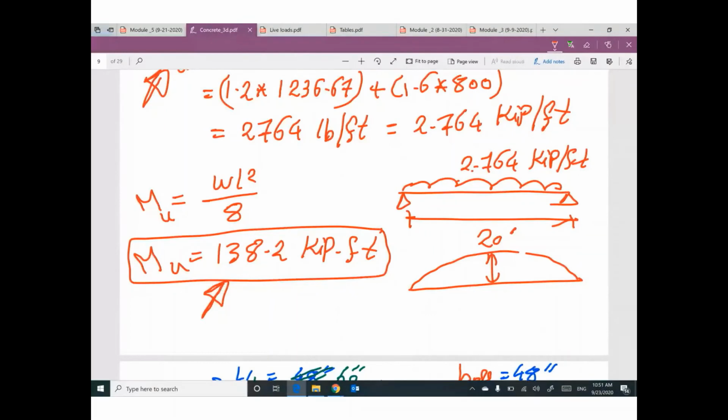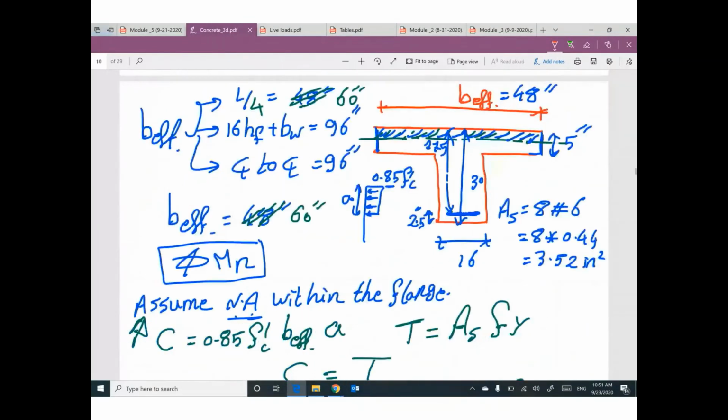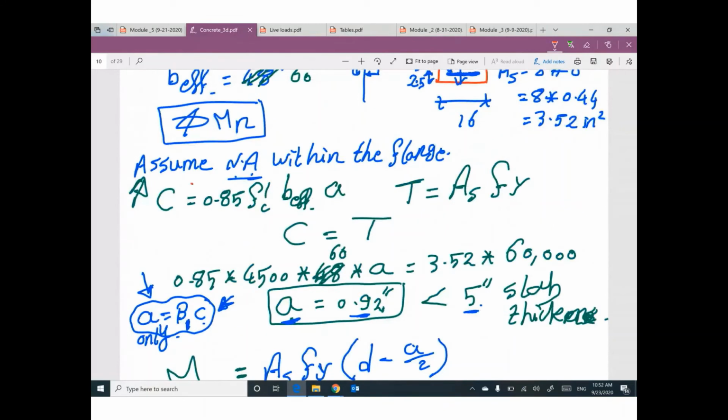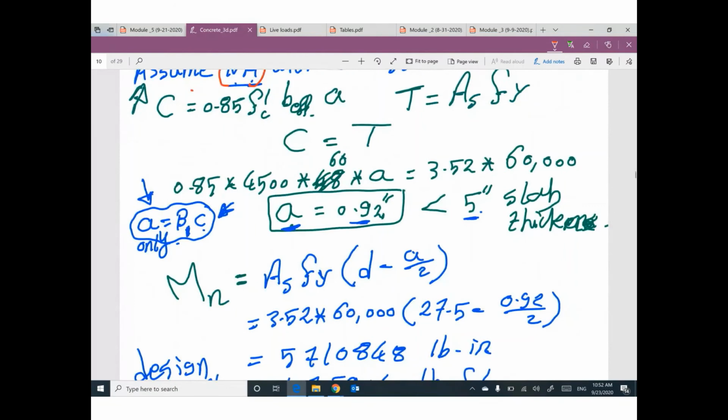From concrete design, first step, what is the value of the effective depth? And we need to design this one. It's a T section. So I'm going to assume, first step, the neutral axis is within the flange. Probably you are lucky in this problem, but sometimes you are not lucky because the value of a will be greater than 5.